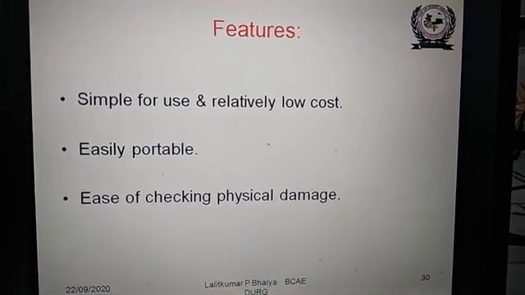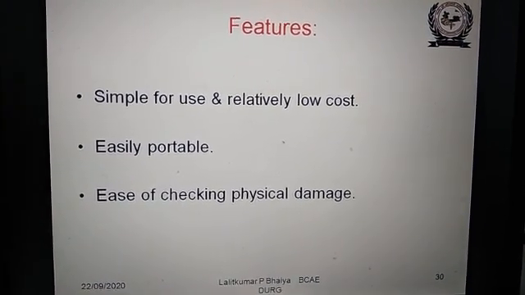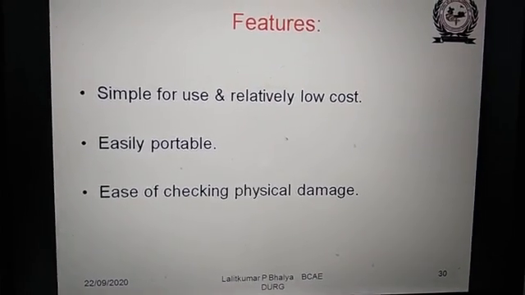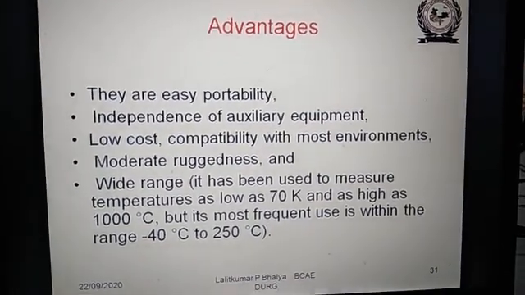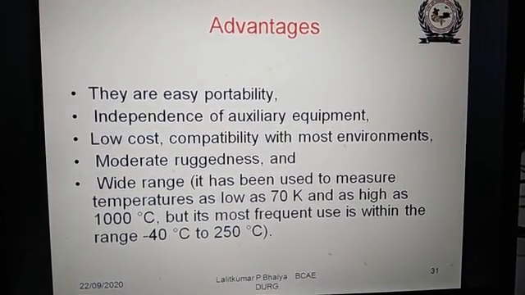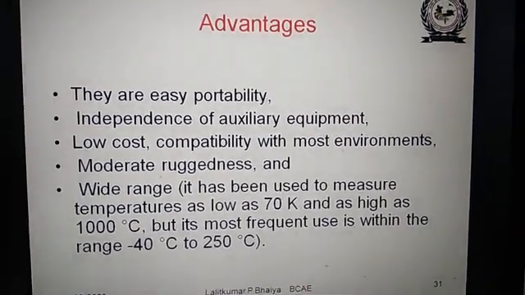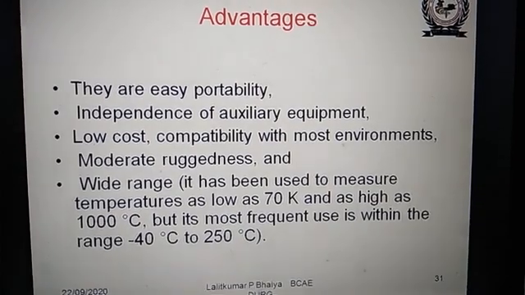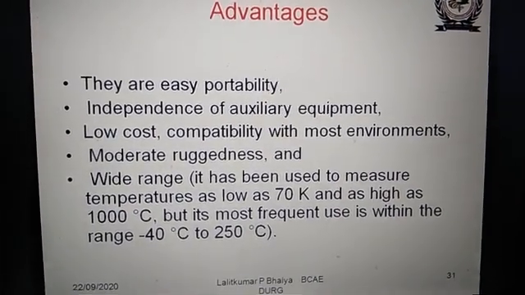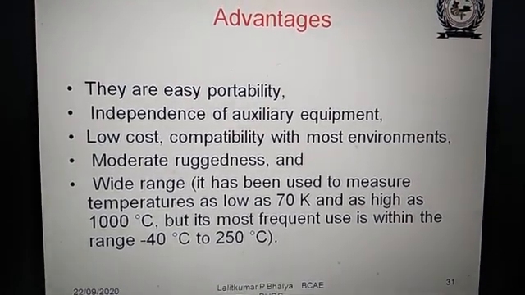Its features: simple for use and relatively low cost, easily portable, ease of checking physical damage. Advantages: they are easy portability, independence of auxiliary equipment, low cost, compatibility with most environments, moderate ruggedness, and wide range.